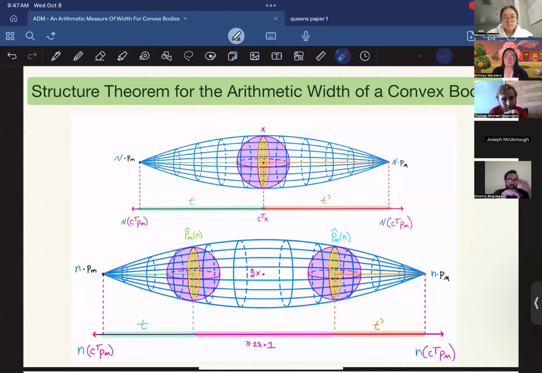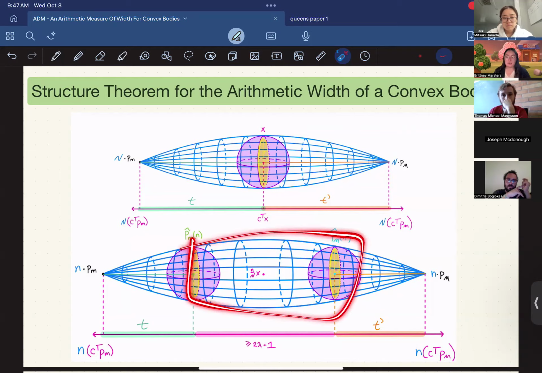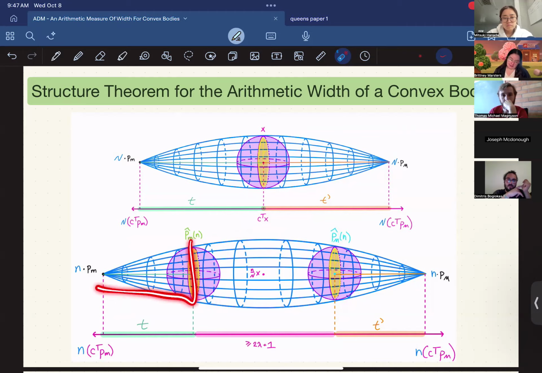Doesn't the number of lattice points also play a role? As I'm dilating, this just gets bigger and bigger, stretching out the arithmetic progression part, that chunk in the middle. But the gaps here are the ones that stay fixed. As you dilate, you get more lattice points here.